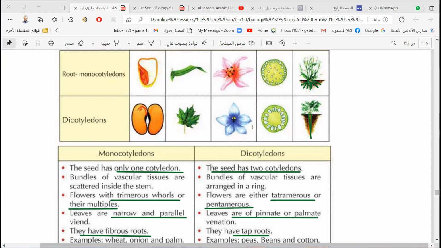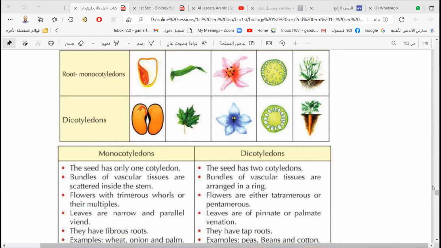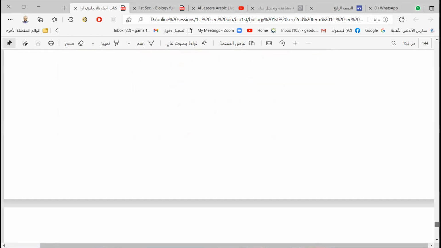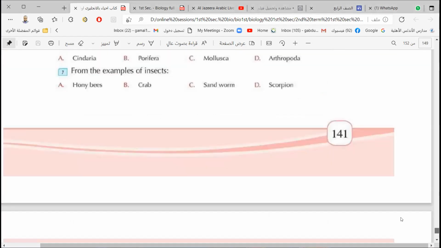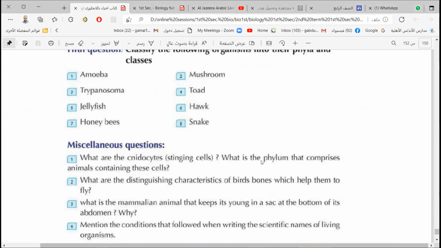The xylem and the phloem are arranged, but here they are not arranged, it's scattered. The vascular tissue is scattered in the TS section. The comparison between monocotyledon and dicotyledon is a very important part of classification.